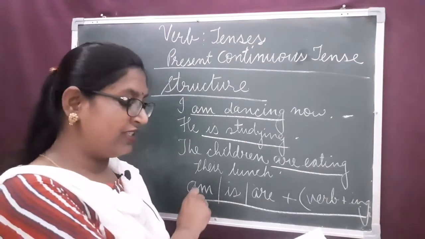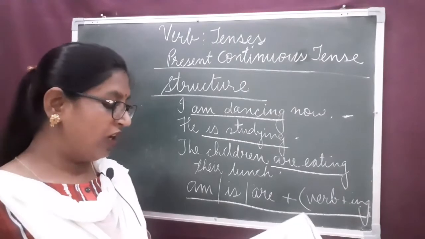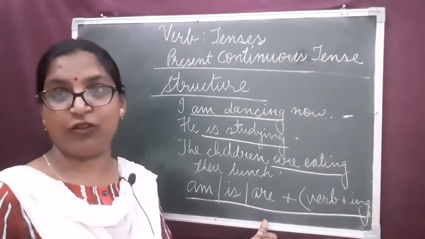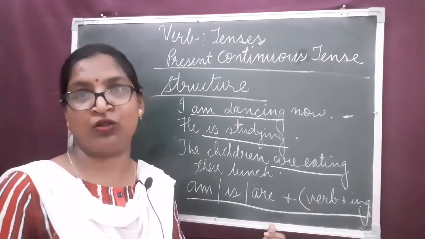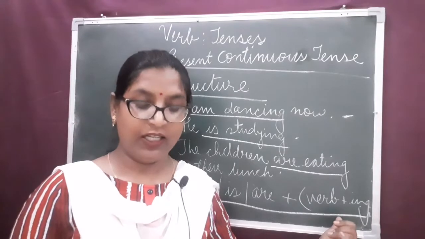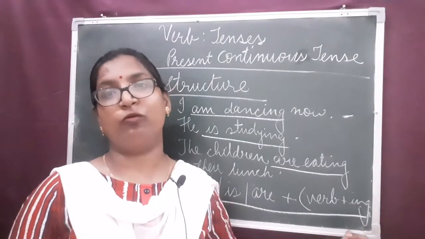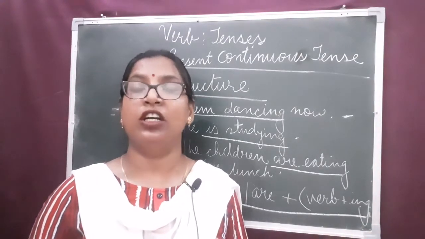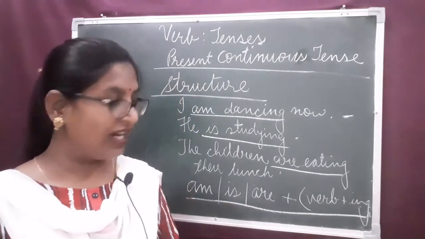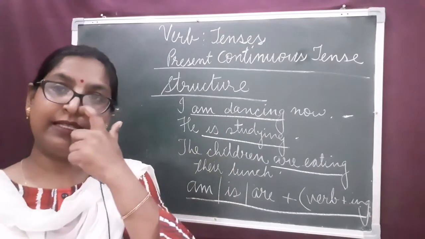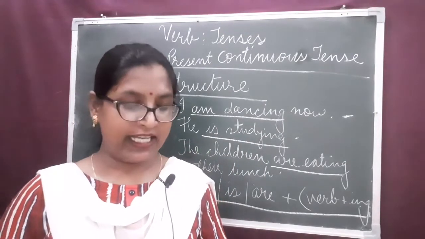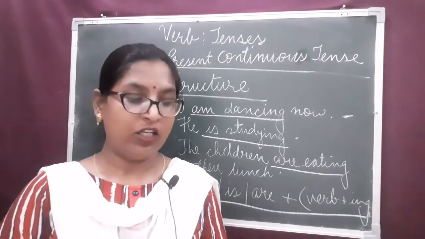Present continuous tense is equal to auxiliary verbs, be type verbs, the auxiliary verbs or helping verbs also we can say, plus the main verb in its ing form. So, this is the structure of the present continuous tense: is, am, are plus ing form of the verb.